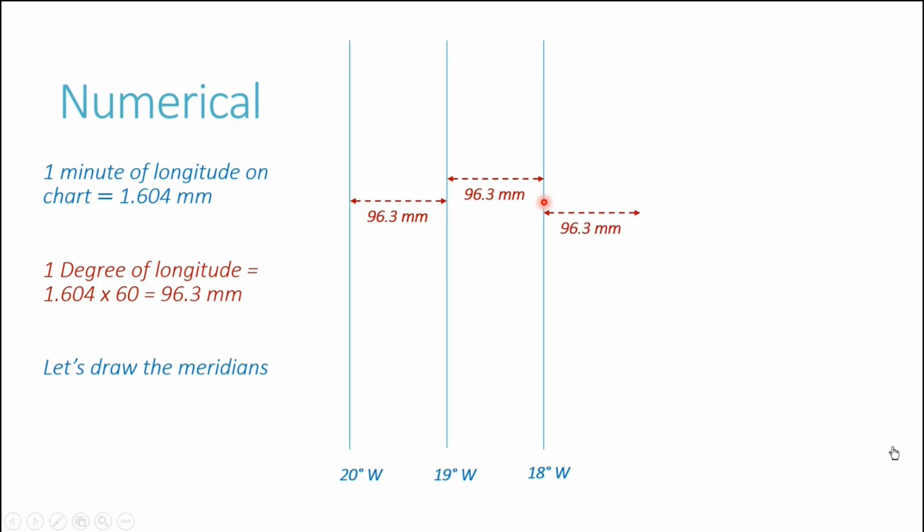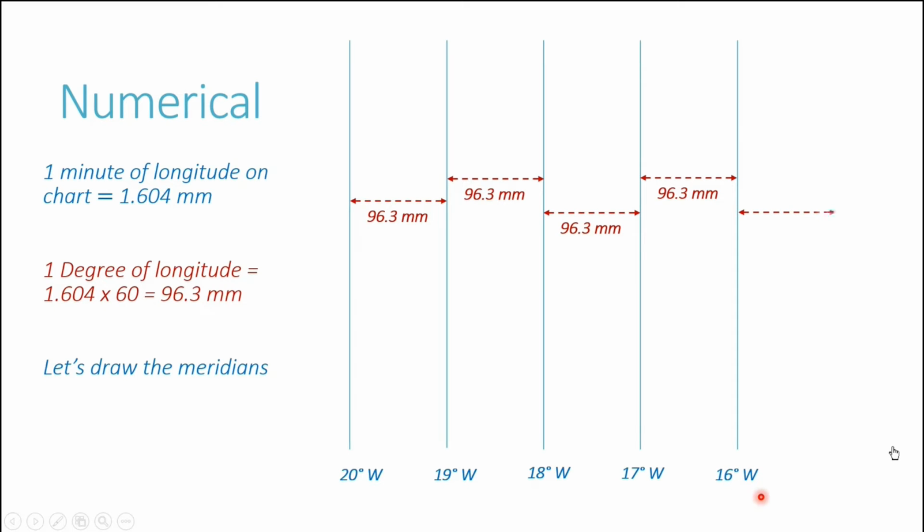And continuing further, again 96.3 millimeters, 17 degrees west, again 96.3 millimeters, we get the next meridian, 16 degree west, and again 96.3 millimeters, and we get the 15 degree west meridian. So this was the area, the coordinates which we were required to cover, 15 degree west to 20 degree west.